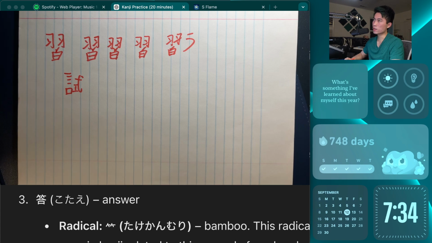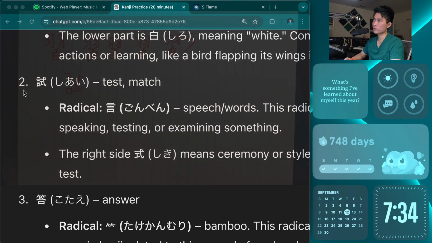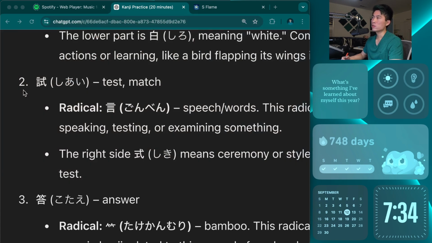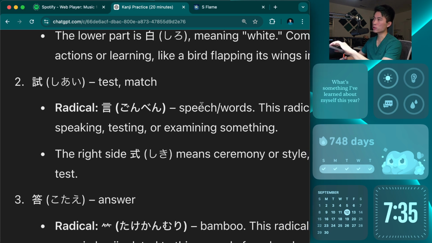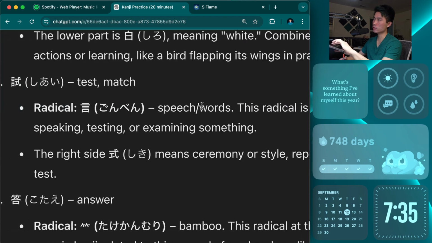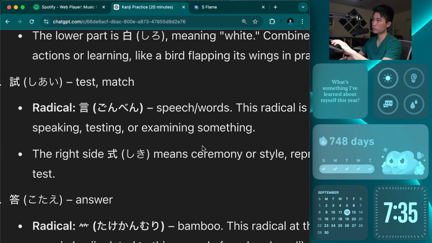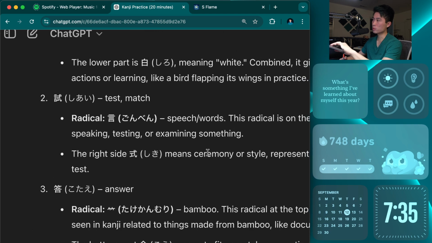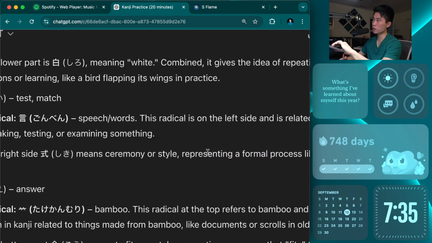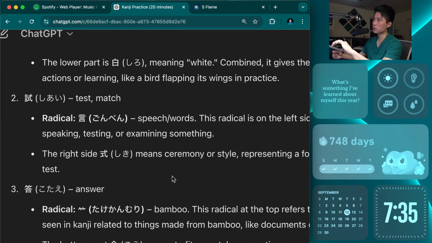Okay, so that's my terrible handwriting. Okay, so the radical is gon ben. I'm not going to remember the names of these radicals, but speech and words, that's what that radical is. Okay. On the right side is shiki, which means ceremony or style, representing a formal process, like a test. Okay.